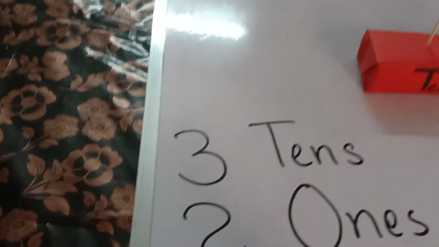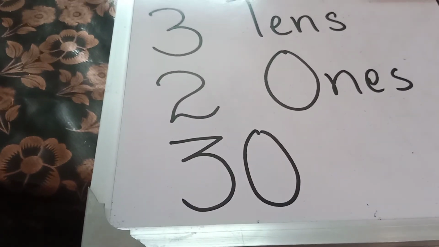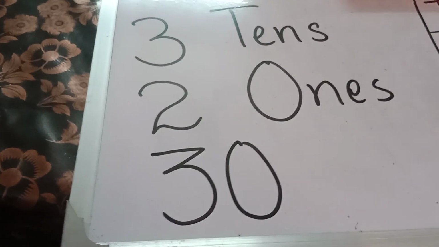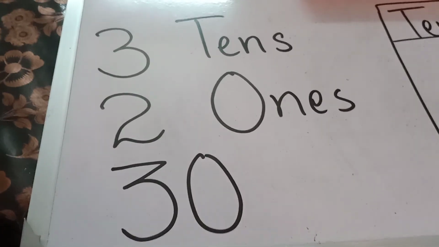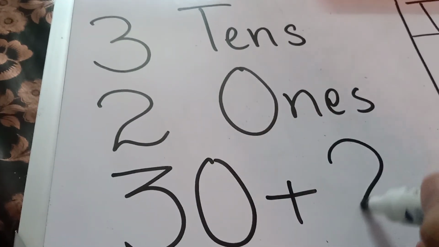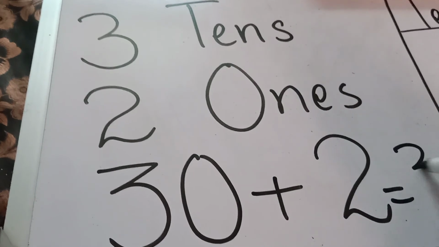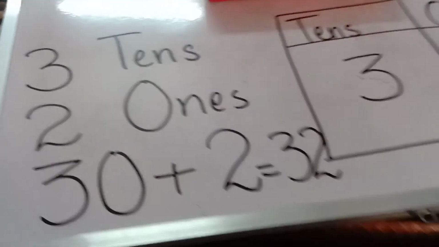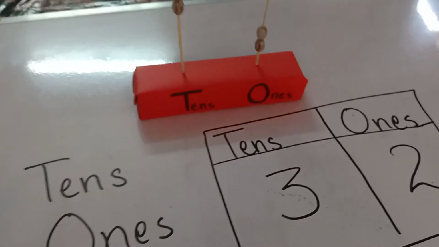Also we can write there are 3 tens, it means 30. 3 tens means 10 plus 10 plus 10, which is equal to 30, and 30 plus 2 is equal to 32. So this was the first method.